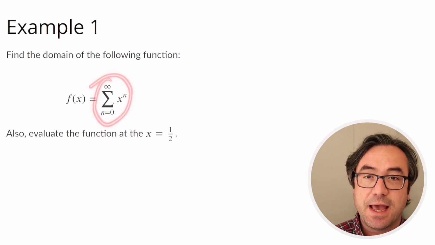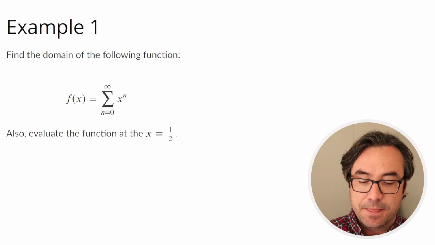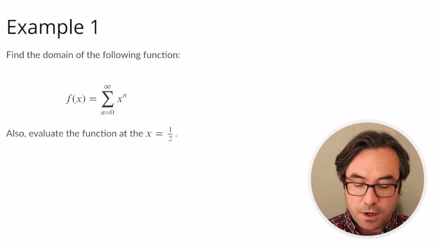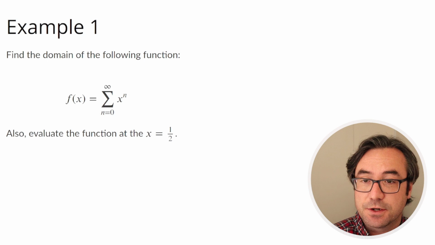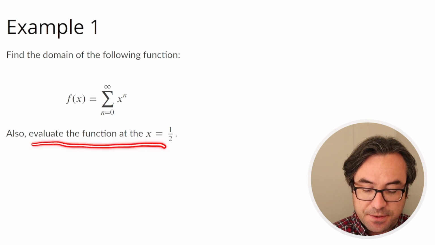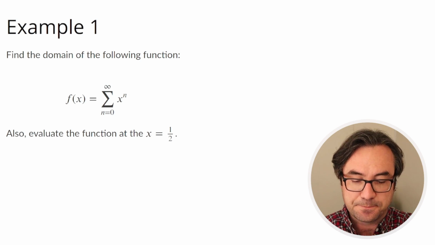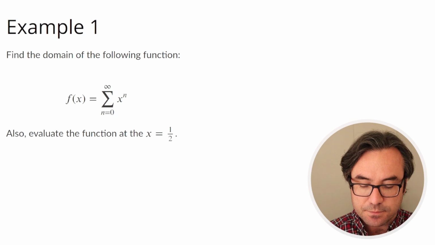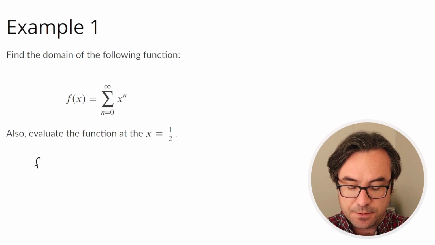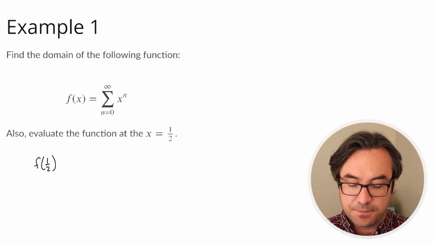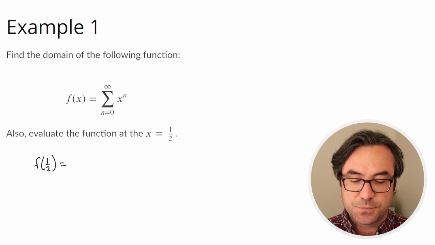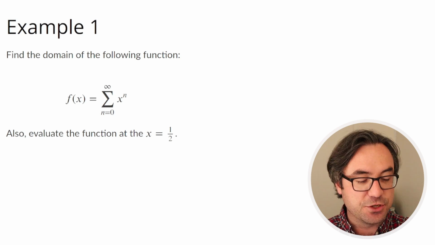It's the sum from n equals 0 to infinity of x raised to the power n. And we're ultimately going to figure out the domain of this function. But first, let's evaluate this function when x is equal to 1/2. Okay, so let's try that out. So let's start with x equal to 1/2. Let's do our evaluation first.